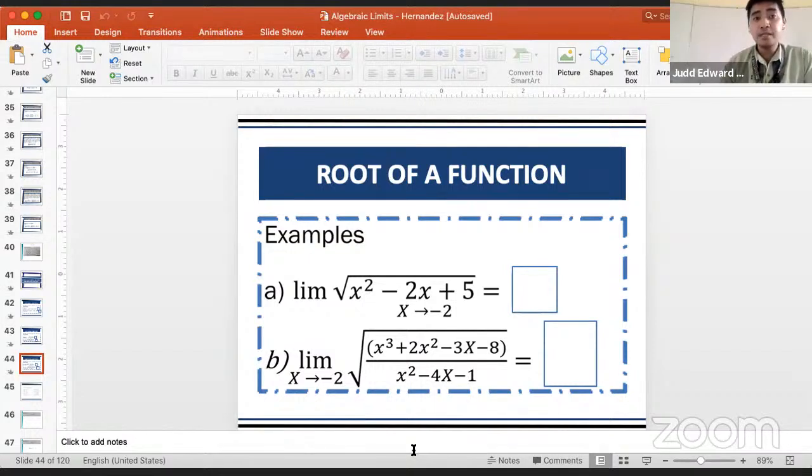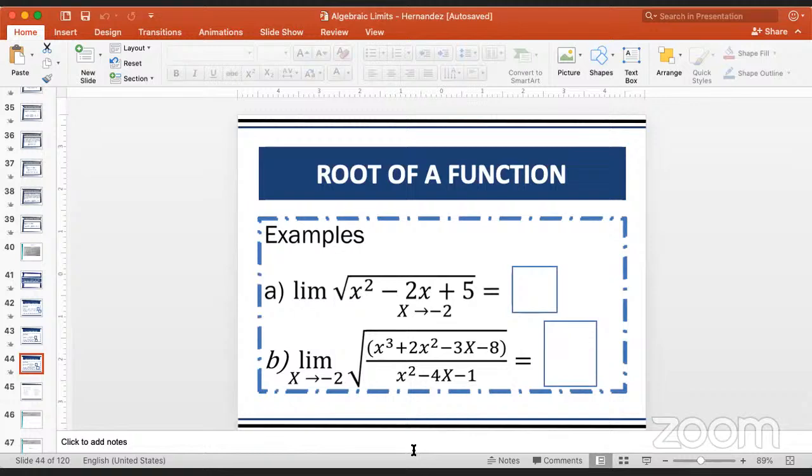How about for letter B? For letter B, what is the answer? Nasagot na din natin kanina yung letter B. Therefore, sir, square root of negative 2 over 11 po.